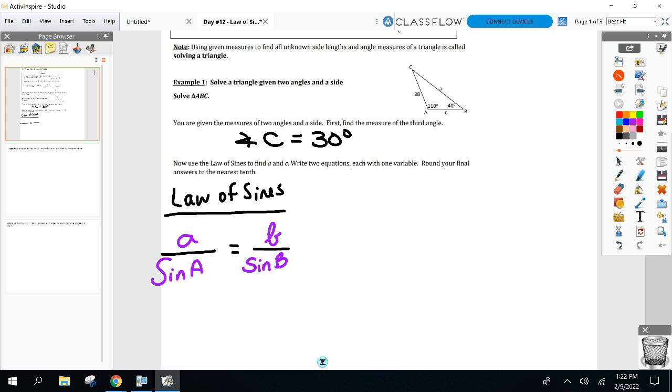Those ratios are always equal to each other. So that's what we're going to use today to find sides and angles.